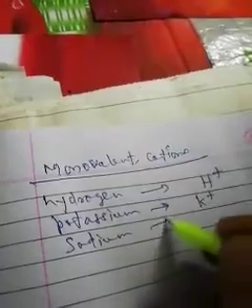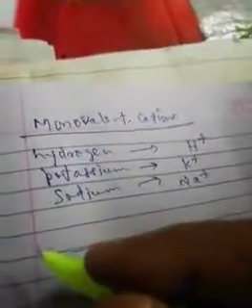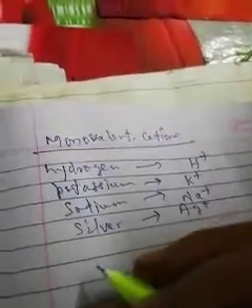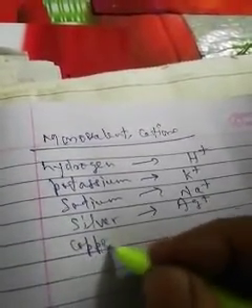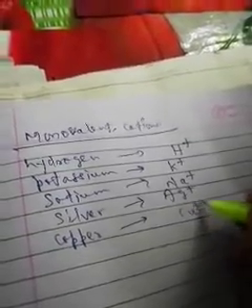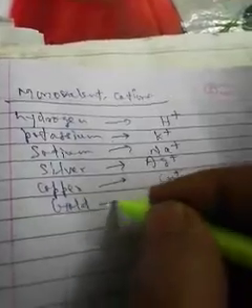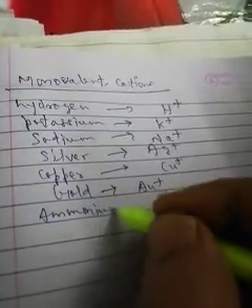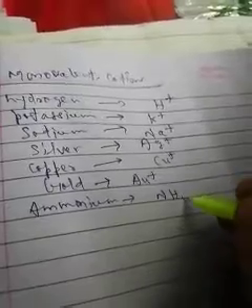From hydrogen we get H+, from potassium K+, from sodium Na+, from silver Ag+, from copper Cu+, from gold Au+, from ammonium NH4+.